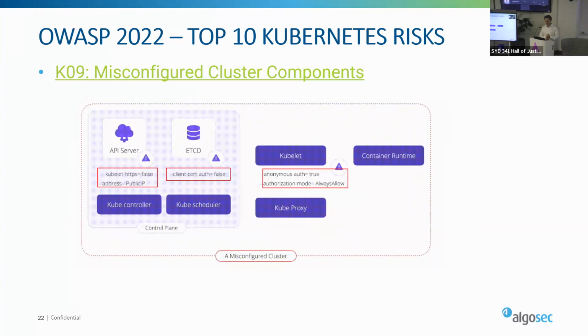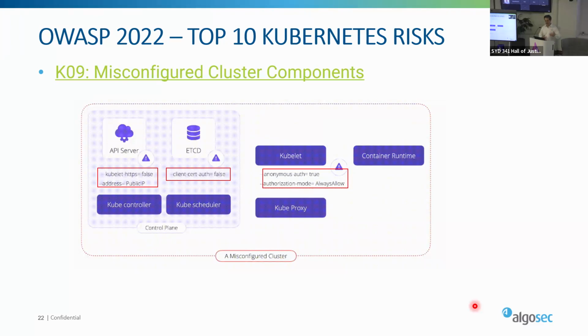Then misconfigured cluster components. Each component has its own configuration risks, and CIS is a great standard that you should go and look at and follow.